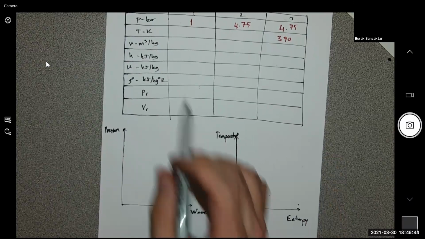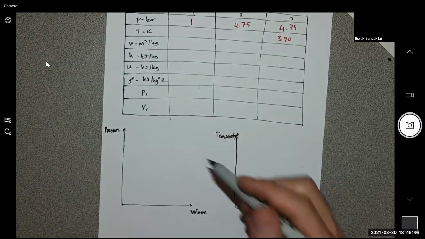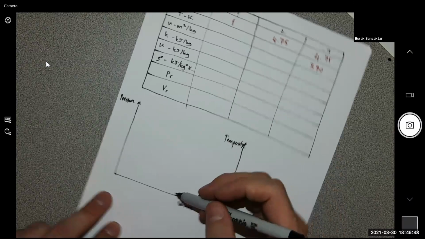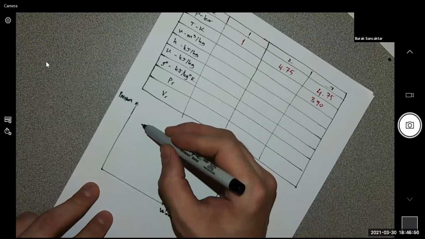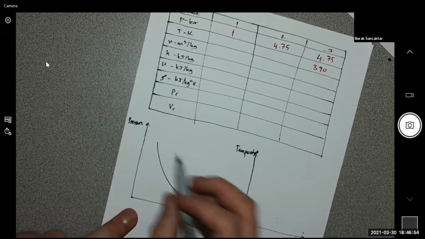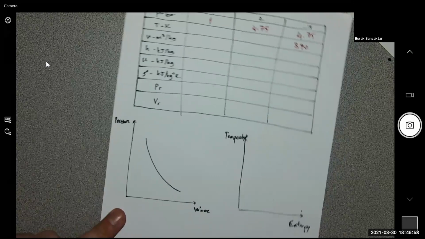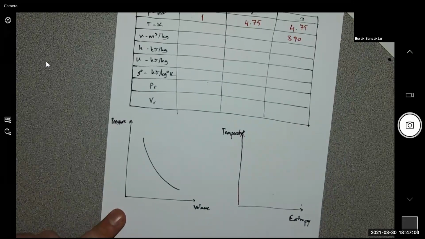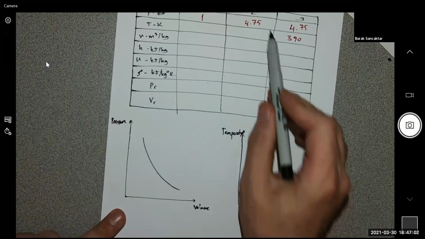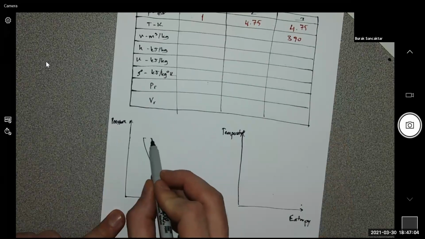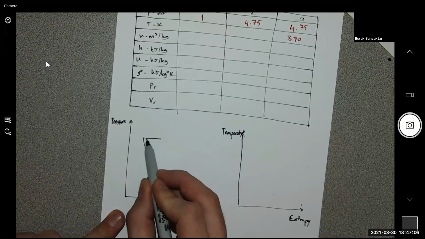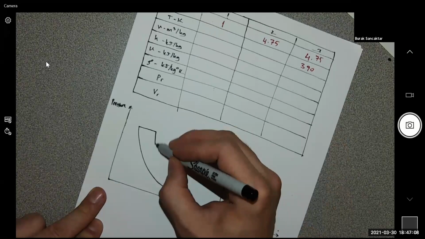From state 1 to state 2, process is isothermal, state 2 to state 3 is isobaric, and state 3 to state 1 is adiabatic.